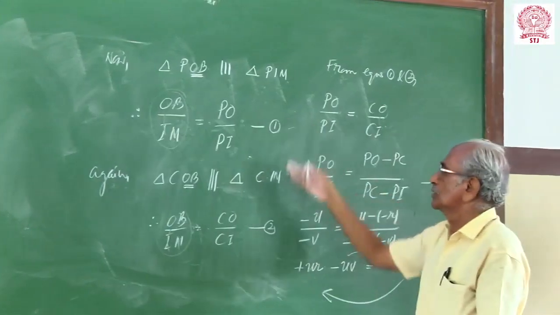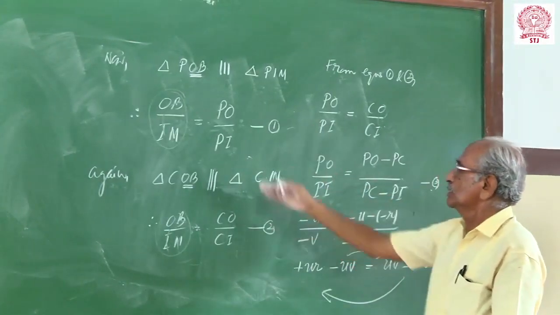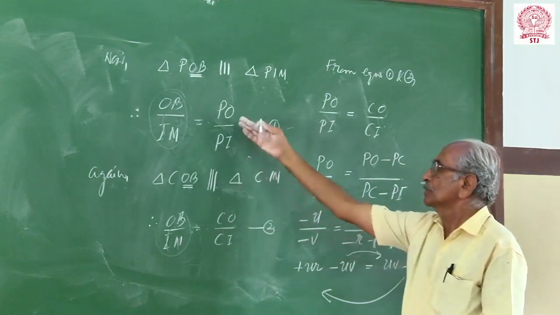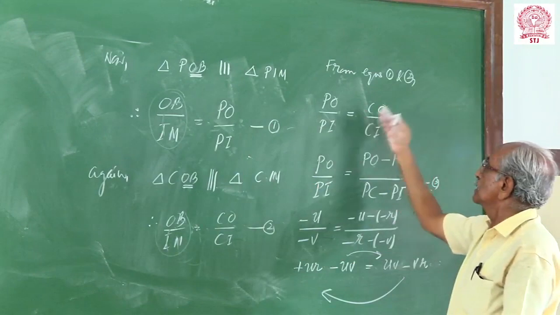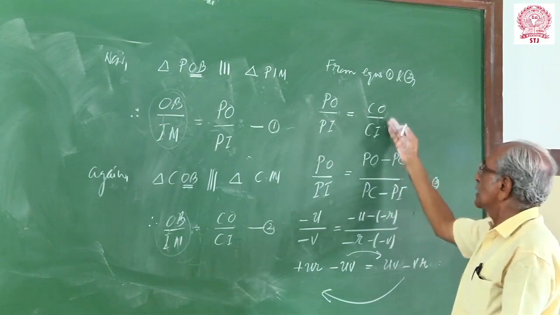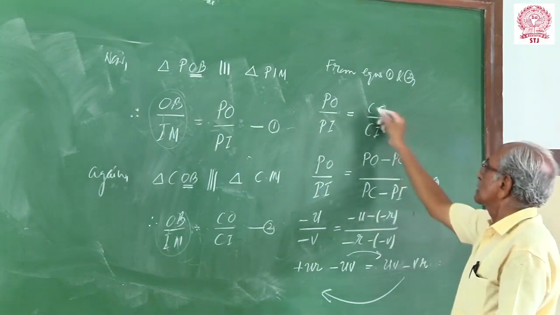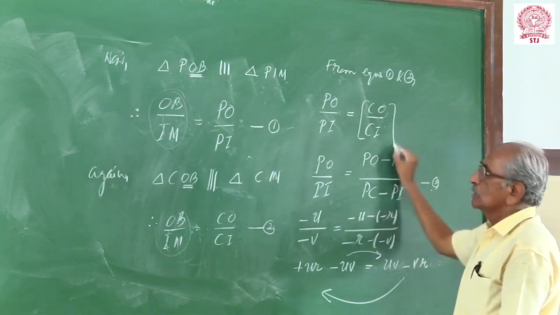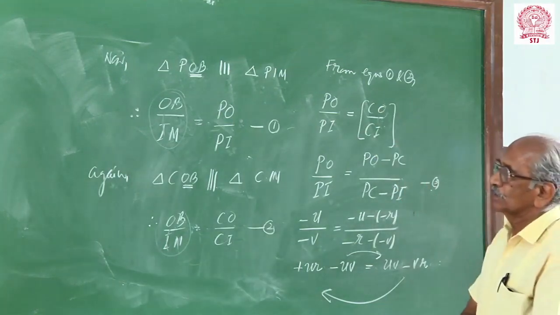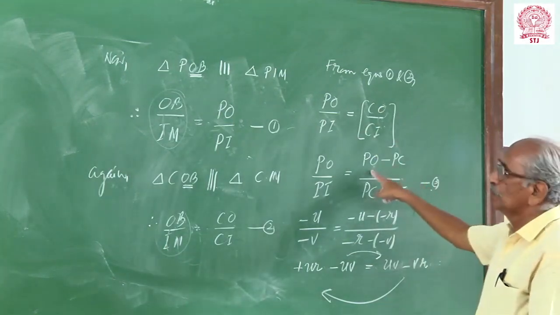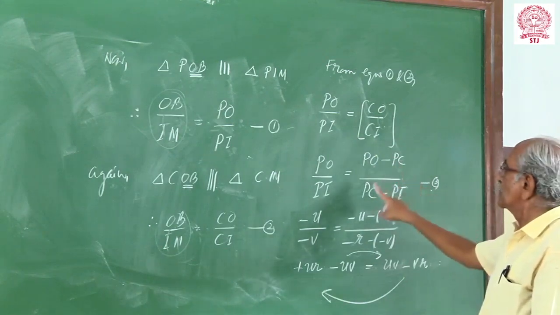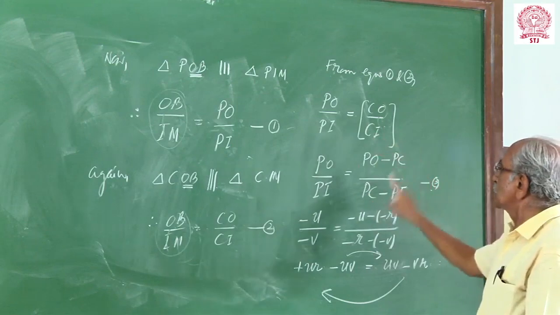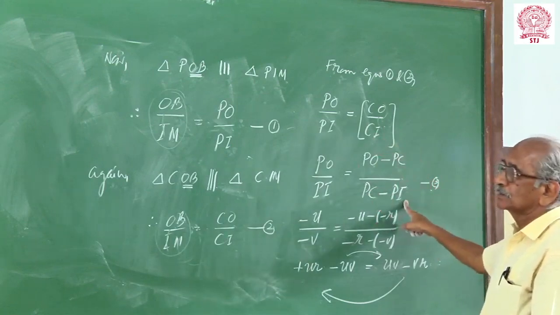From equations 1 and 2, the left hand sides are the same, therefore comparing the right hand sides, we have PO by PI is CO by CI. But from the figure, CO can be written as PO minus PC, and CI can be written as PC minus PI.